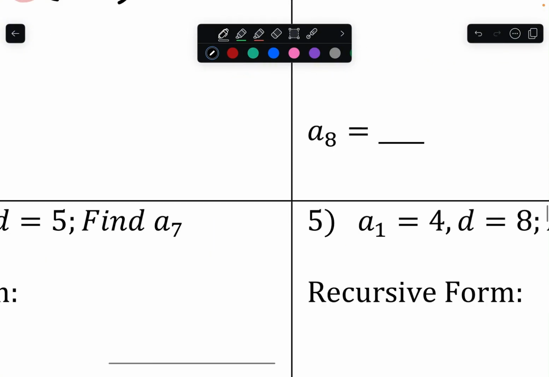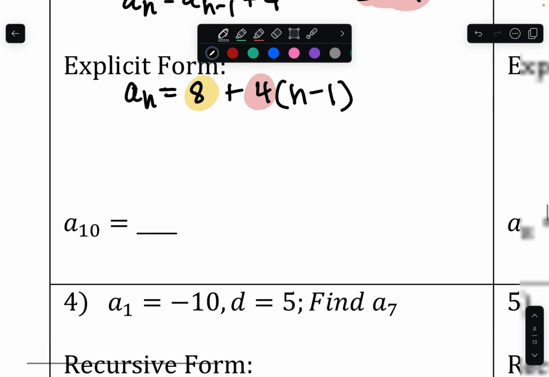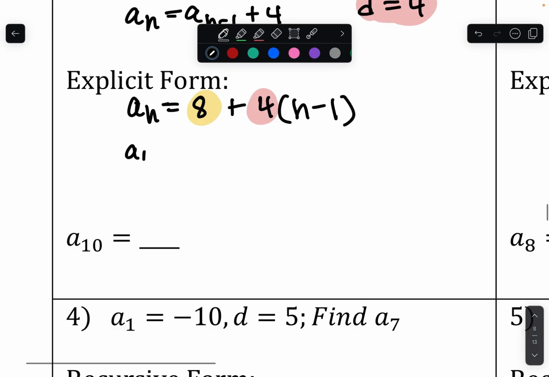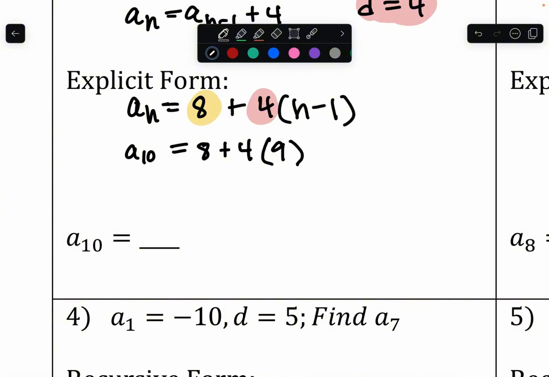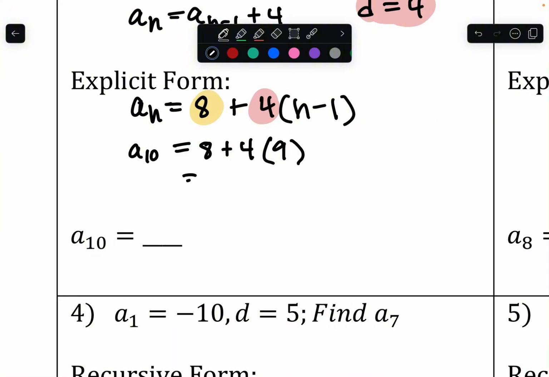Okay, so specifically for A10 would be the 8 added 9 more times, or 8 plus 4, 9 times. And so 4 times 9 is 36. 36 plus 8 is 44.